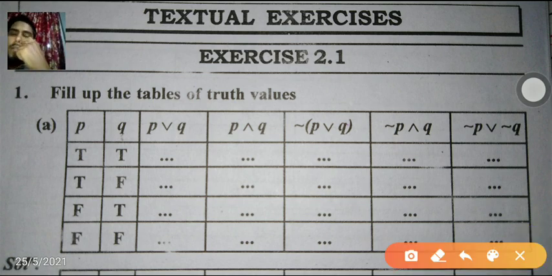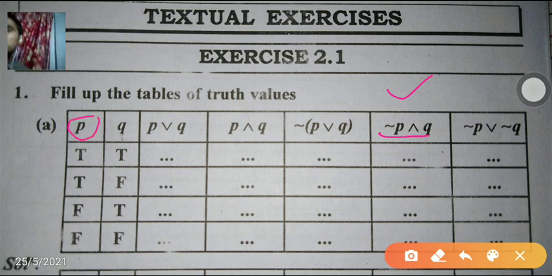Here you see, in our next one, in our third column we will start. Here you see negation of p conjunction q. First this p. If it is p then its negation is what? You write negation of p, one column you make here, negation of p. So negation of p: here it is true, it is false here.